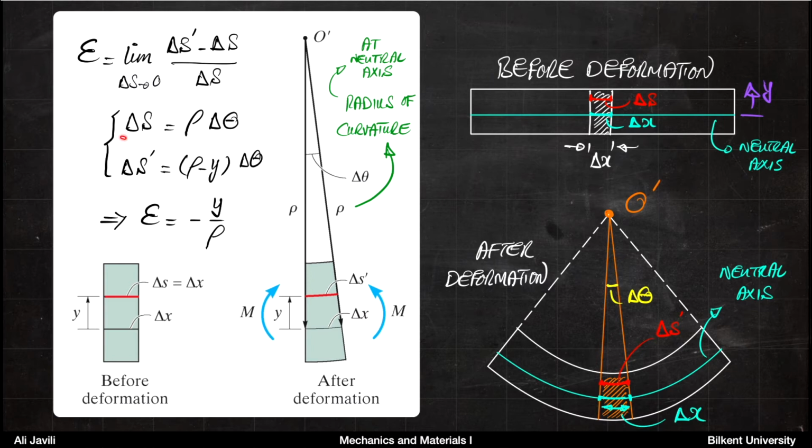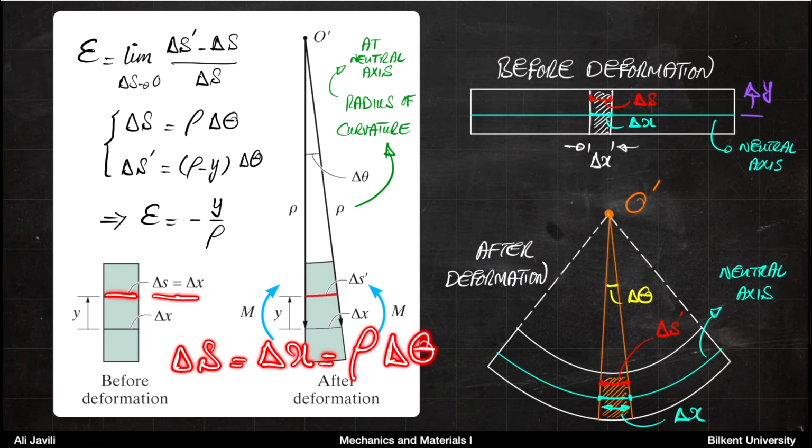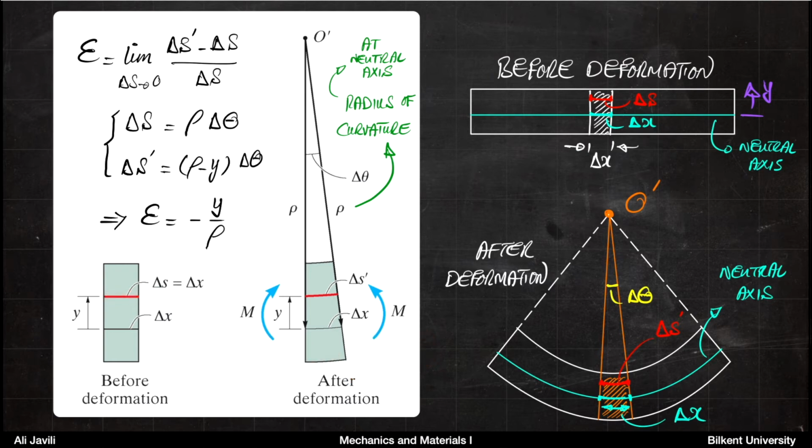Now delta S itself, if you remember, is equal to delta X, and delta X is not changing due to bending. That would be rho delta theta. So rho is the radius of curvature. Remember that we talked about the imaginary center of that circle. So if you have a bending problem, you can think of a radius of curvature here, rho.